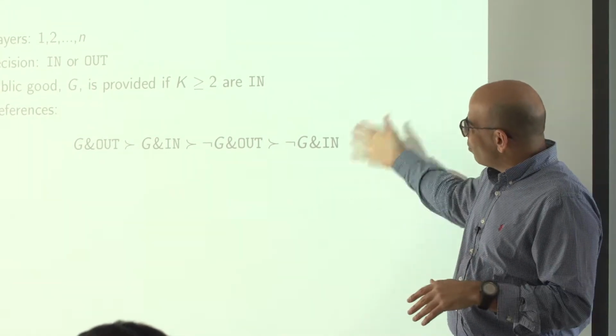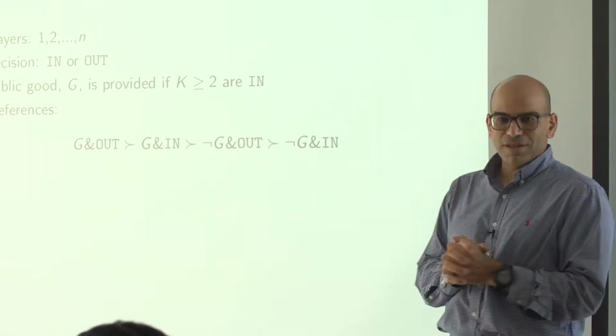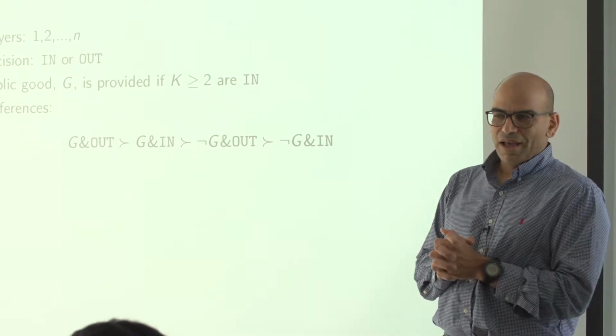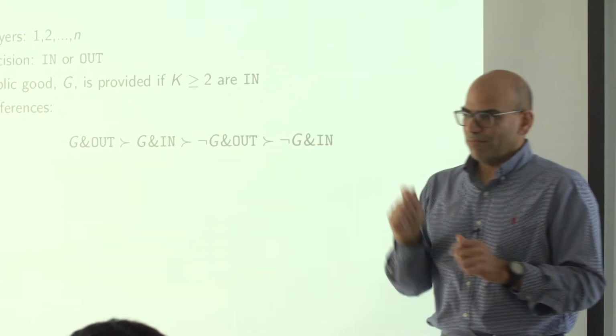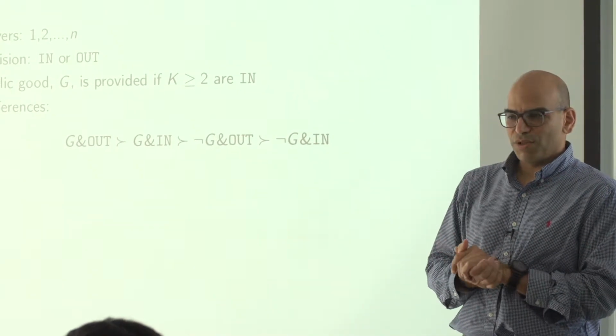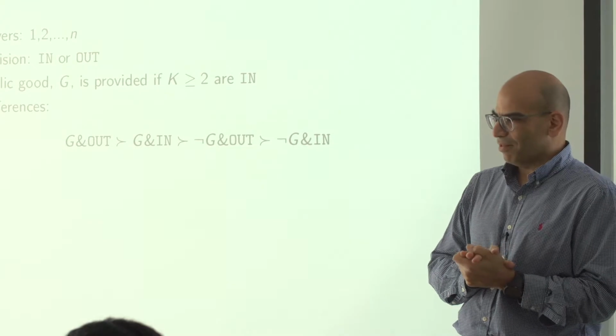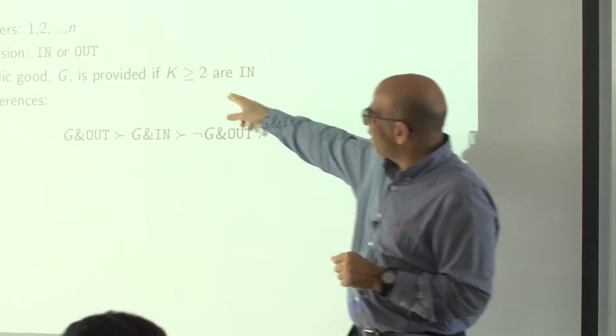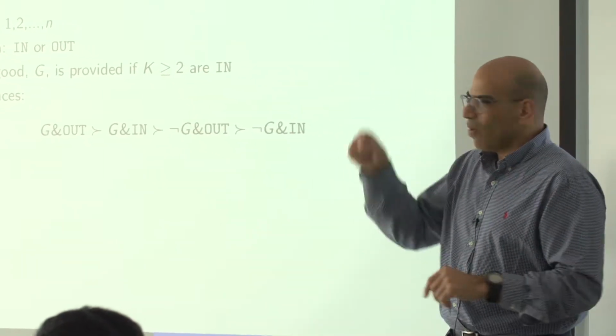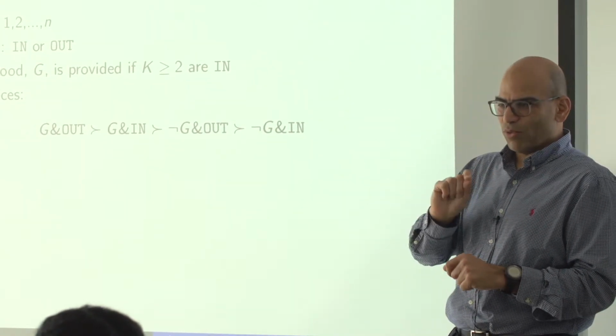It turns out that one can go through the analysis and find out that there's two Nash equilibria to this. One Nash equilibrium is when exactly K people pitch in. And the other Nash equilibrium is that nobody pitched in. Okay, zero. So the good is not provided, but nobody pitched in. When there's exactly K, then we can go and ask those that pitched in, would you like to withdraw?